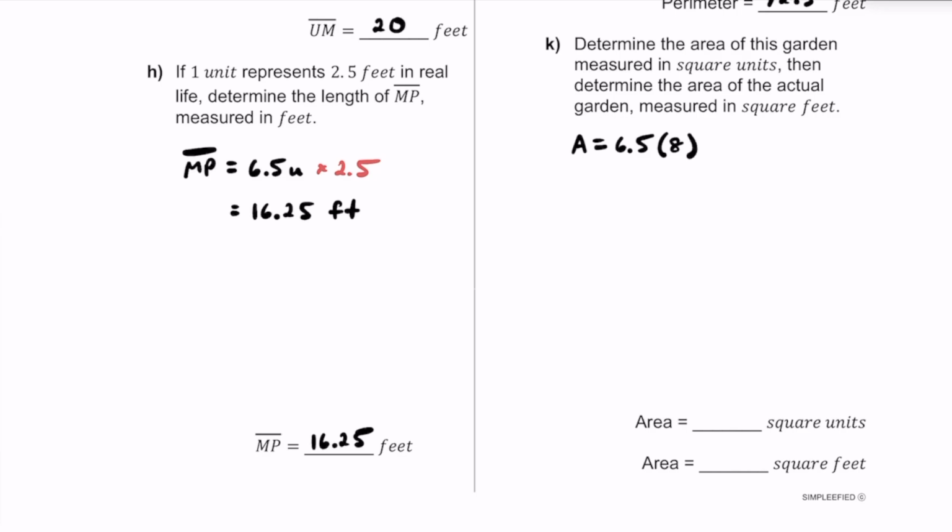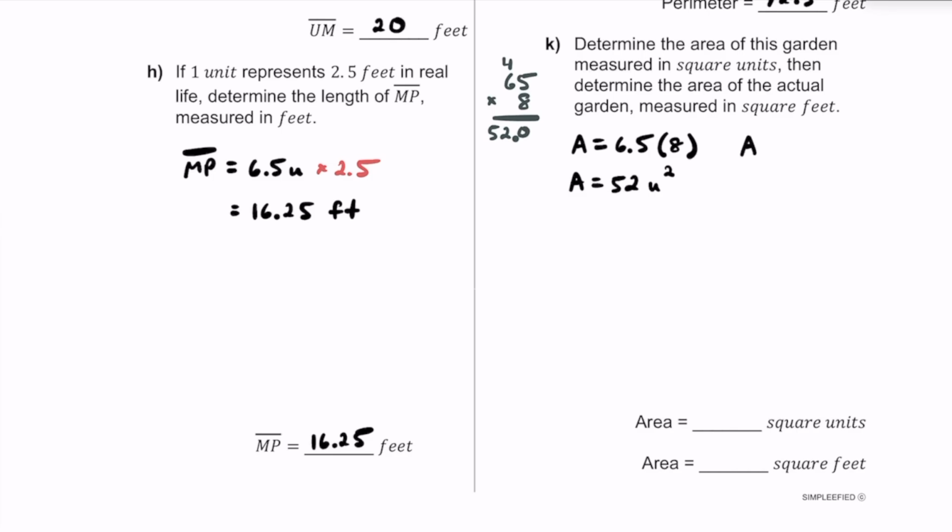So we're going to do 6.5 times 8. That's the same thing as 65 times 8, and then put the decimal back in after. So that's going to be 40, and then 48 plus 4 is going to be 52. So I think this is going to be 52.0. So the area here is going to be 52. This is going to be units squared, or square units.